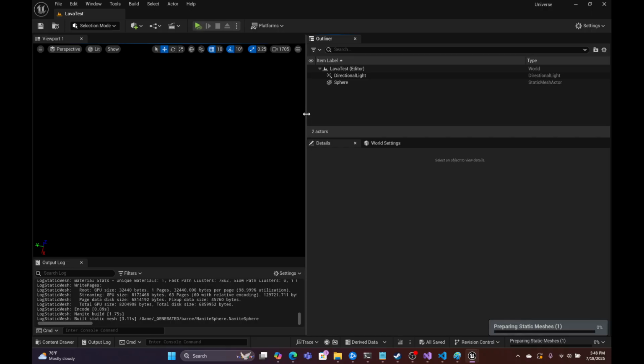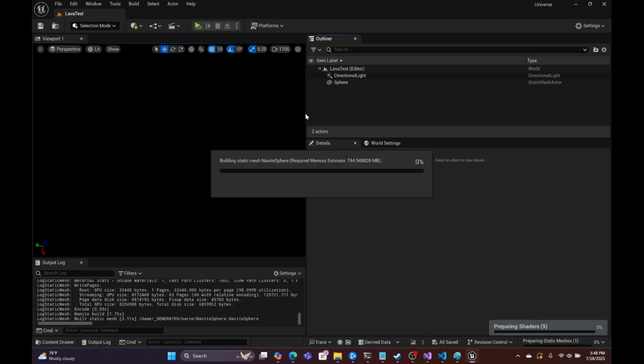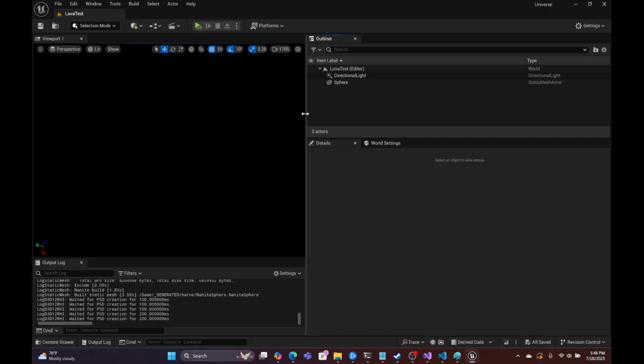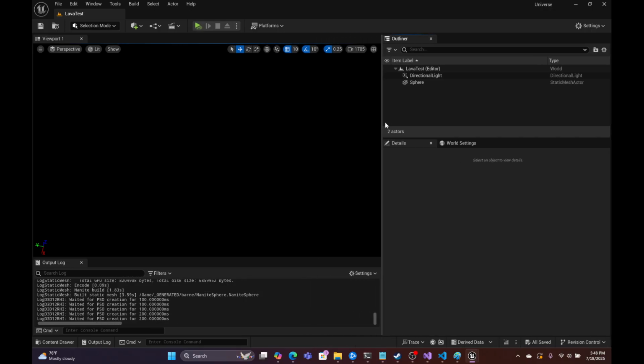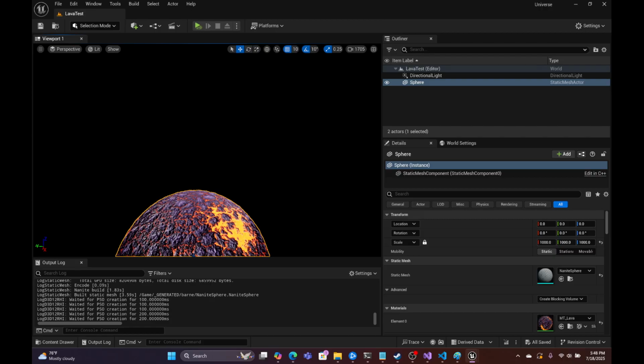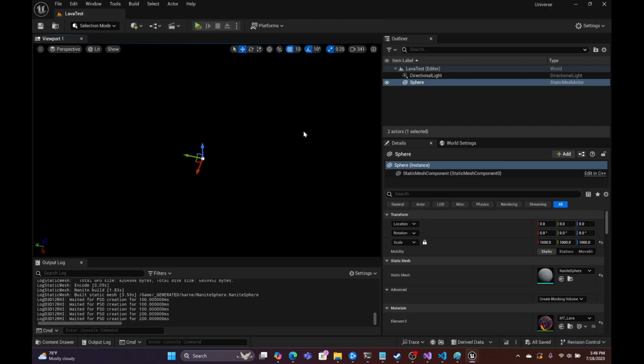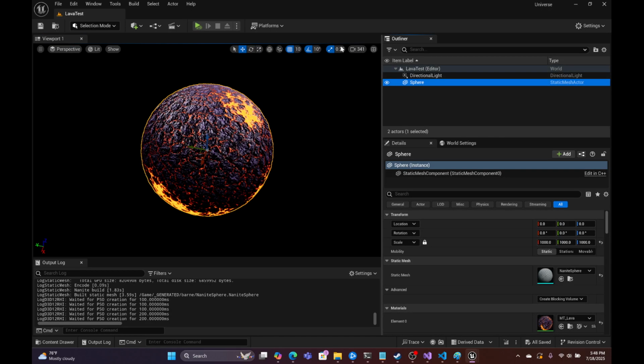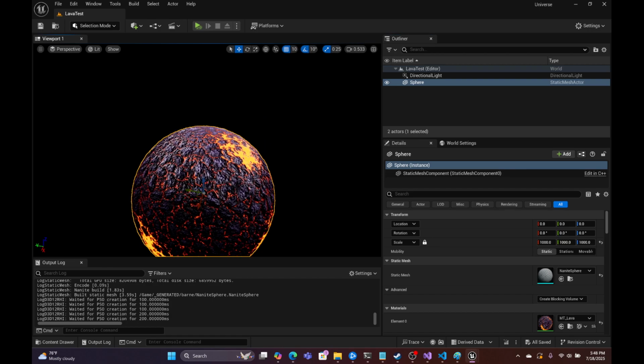Okay, I managed to switch levels. Oh yeah, this was that lava material. Why am I going so fast?